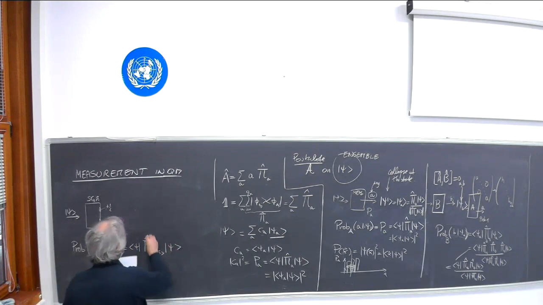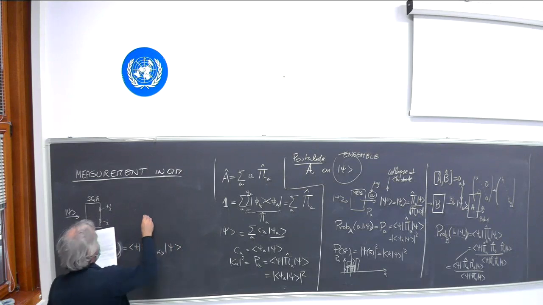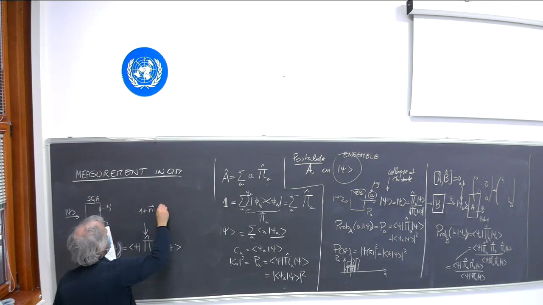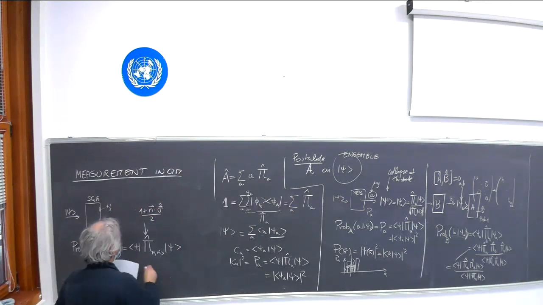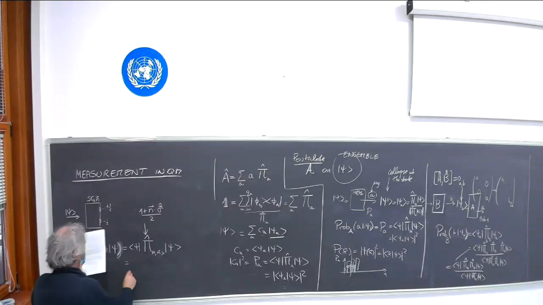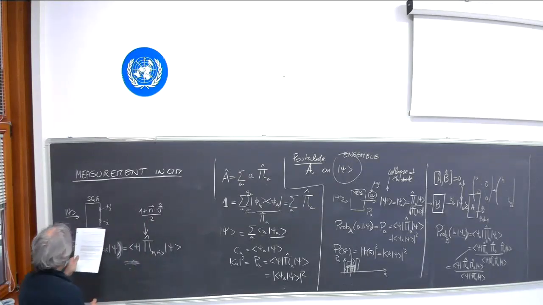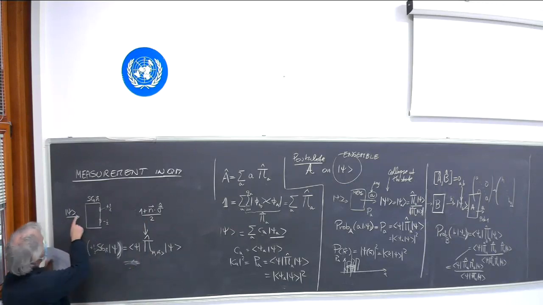And in fact, this object, we saw it last time, can be written very nicely in the following way: 1 plus n dot sigma, these are Pauli matrices, divided by 2. So there it is, our calculation.